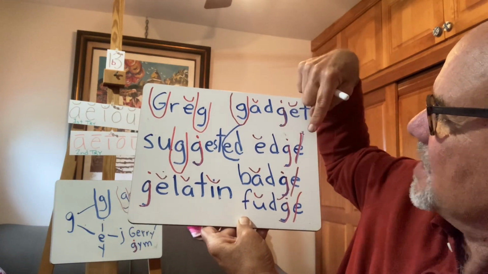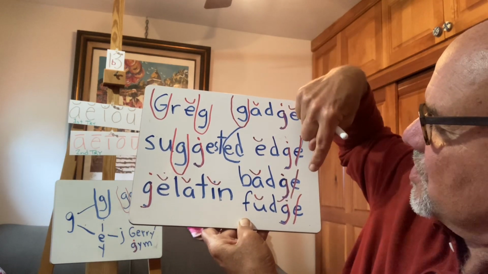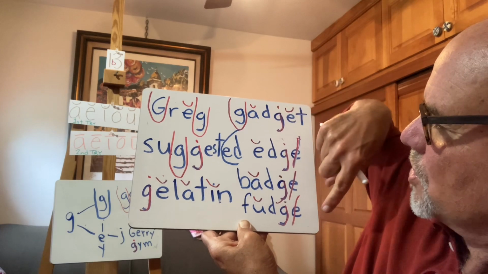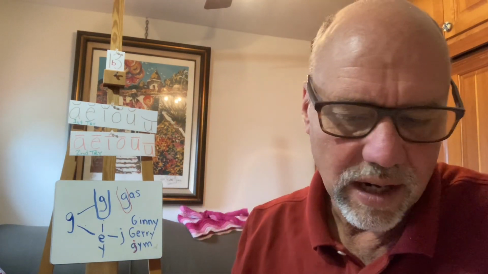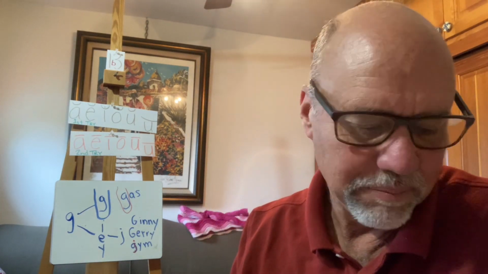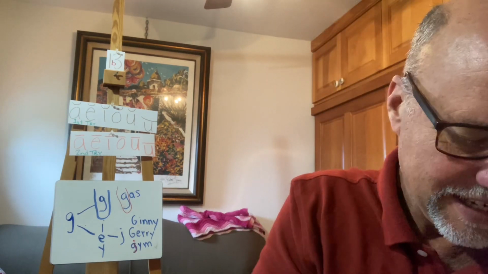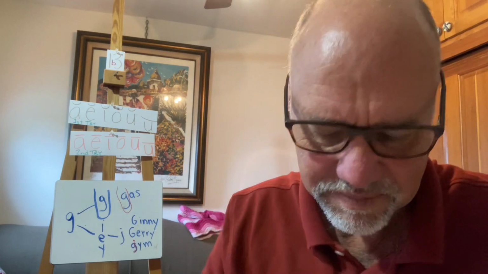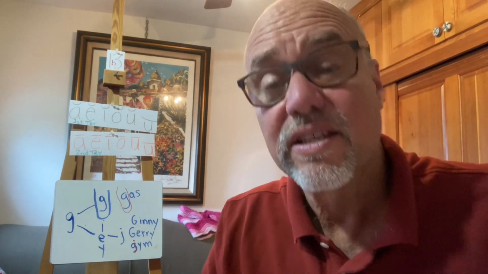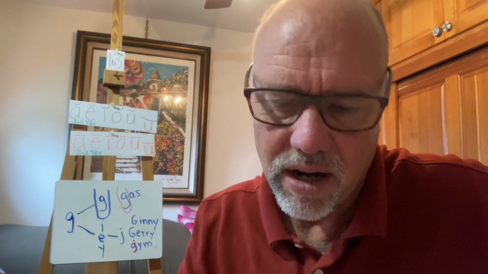And edge. Badge. Fudge. Okay. All right. So again, you can use the phrases in the stories to play butterfly or little bear or car, whatever you want to draw.